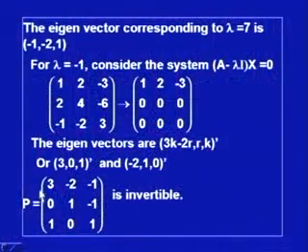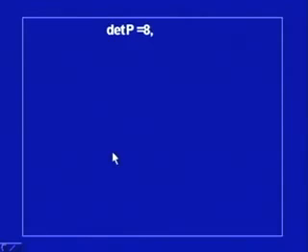So, the matrix P will now be 3, 0, 1, then this, -2, 1, 0 corresponding to lambda is equal to -1, and the third one is -1, -2, 1. So, this matrix P is invertible.